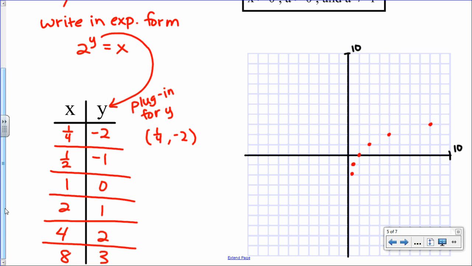This is a log function. It is the inverse of an exponential. So instead of coming down like this, I'm going the opposite, like this. Instead of having a horizontal asymptote, I now have a vertical asymptote.